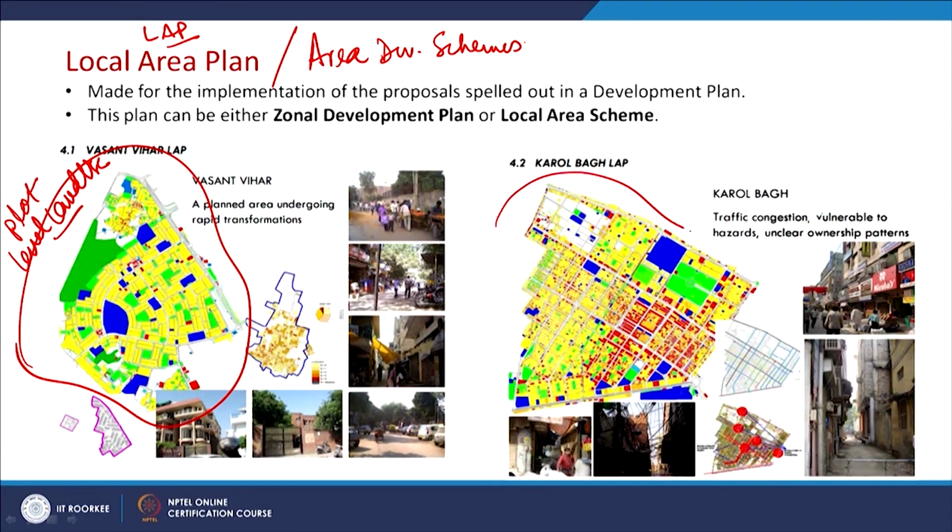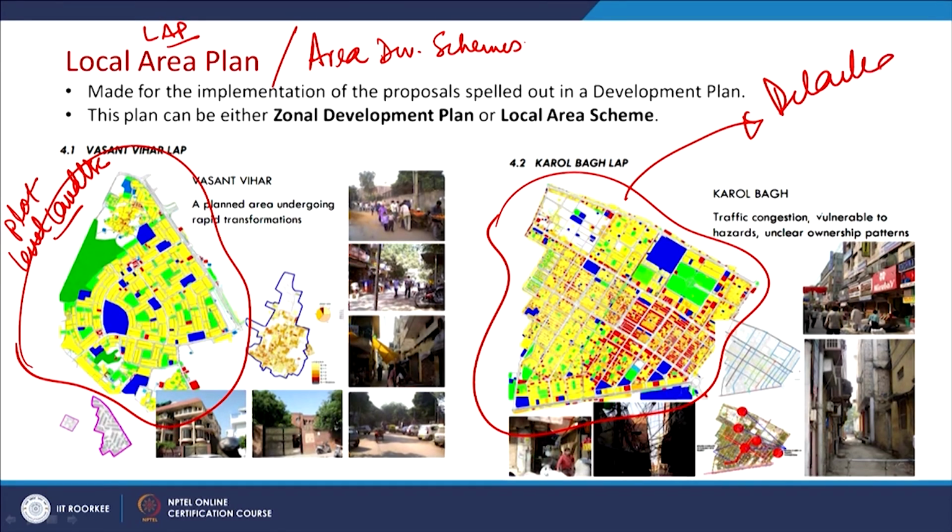You see another example of this, taken from Karol Bagh and Bhashan Vihar in Delhi. In this map also you can see the detailed land use at the plot or site level.